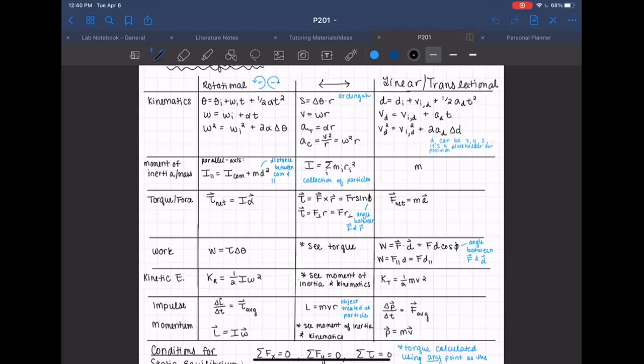And then for moment of inertia, we also want to include the parallel axis theorem, which states that the moment of inertia at a parallel point to the center of mass is equal to the moment of inertia at the center of mass plus md squared, where that d is the distance between the center of mass and parallel. All of those things I'll mention could be things that you might want to write down.